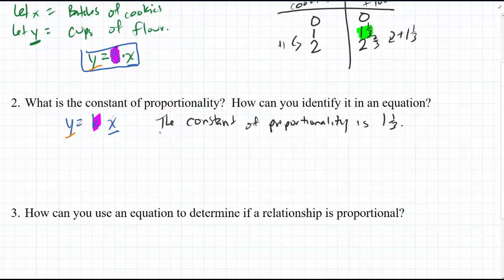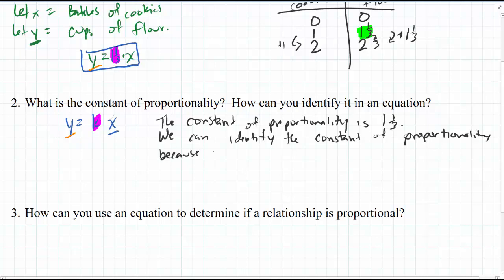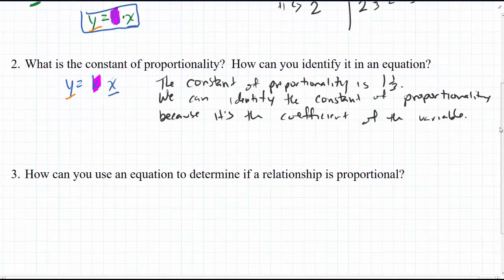So we can identify the constant of proportionality because it's the coefficient of the variable.